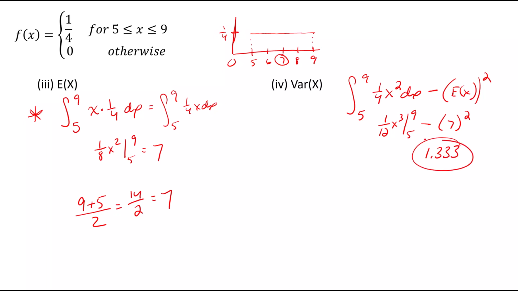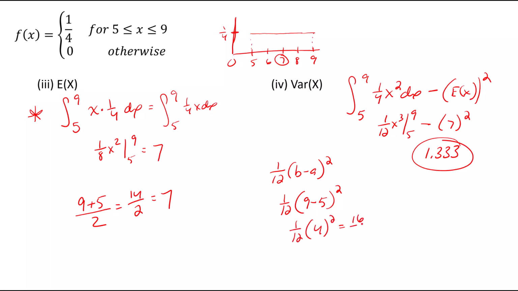But now, is there another way to find variance? In this case, there is, and this would be a formula that you needed to memorize if you want to use the shortcut. So you can actually also say 1/12 times the quantity b minus a squared. And that will give you variance. So 1/12, 9 minus 5 squared is 1/12 times 9 minus 5 is 4 squared.